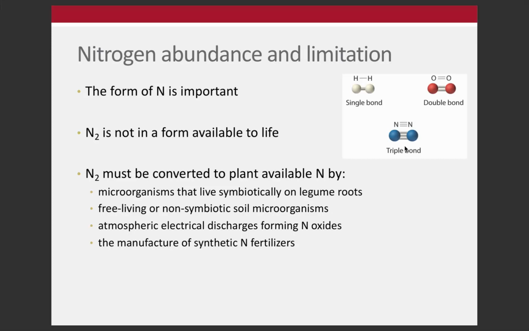In a general sense, the group of microorganisms, both free-living and in a symbiotic relationship, that are able to essentially break this triple bond are called diazotrophs. They're capable enzymatically of actually breaking this triple bond and making it plant available.